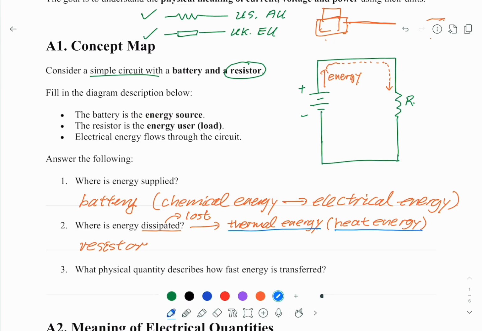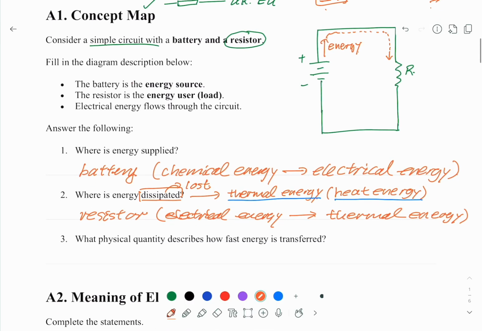So the resistor is where the electrical energy is converted. Electrical energy is transferred into thermal energy, and this transfer is one direction. So we use the term dissipate.